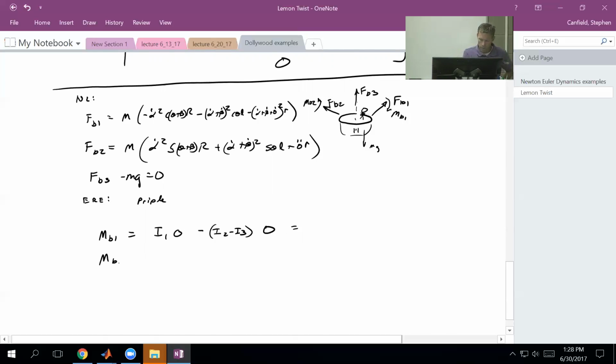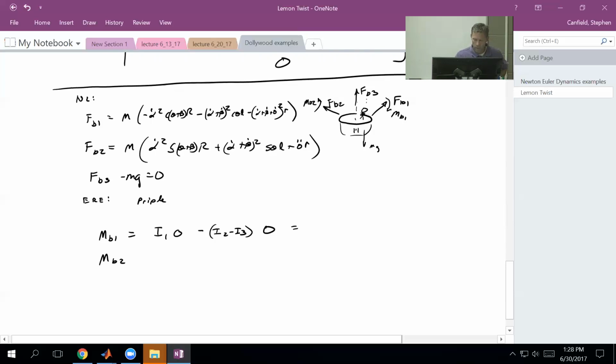Then, moments around B2. So we get MB2. In this case, we'll get FB3, R crossed. Oh, you know what?